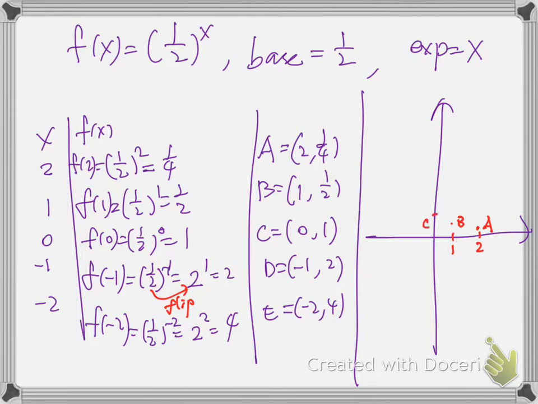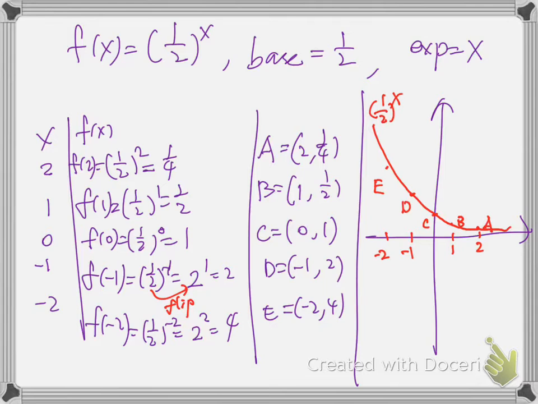This is C. And then -1, 2, so here is D. And then -2, 4, so here is E. Now let's draw a curve: E to D, D to C, C to B, B to A. This is the graph of 1 over 2 to the x.